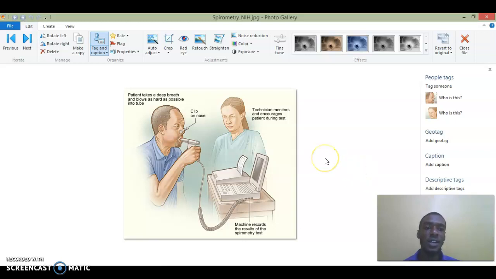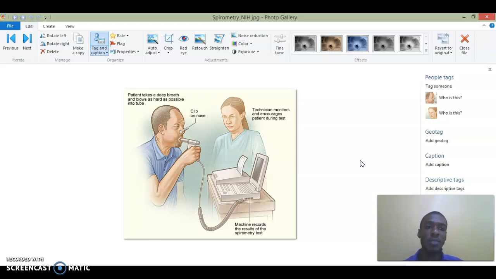So if your lungs are sick, the readings on the spirometer would determine that there's something wrong, why you cannot breathe out as much as you should for your particular age and gender, and those things can tell that something is wrong with your lungs, such as lung cancer, or a deficiency in one lung, or anything that severely affects your breathing rate. So that is it for vital capacity and how we measure vital capacity.